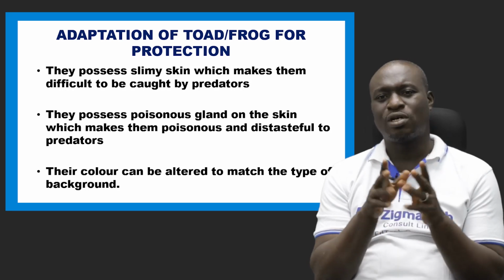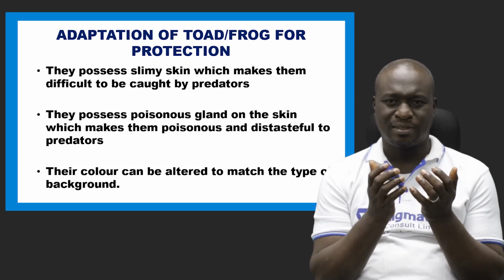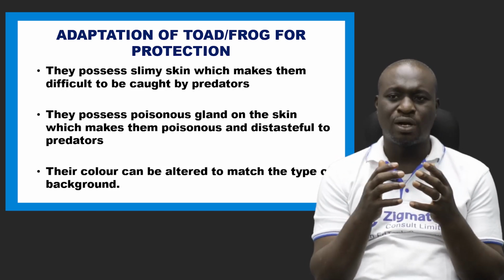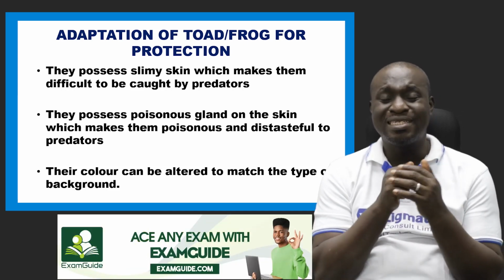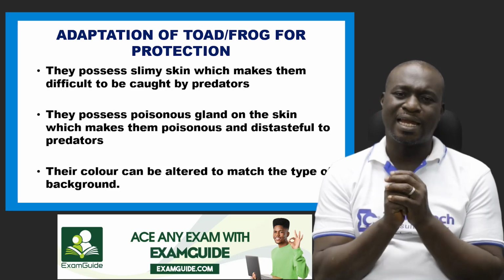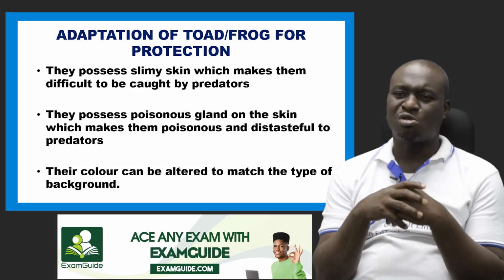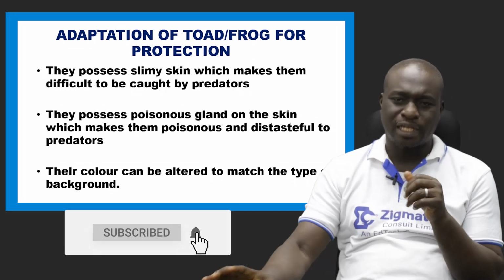And also the last one is that their color can be altered, just like that of the chameleon, to match with their background. Also, it is for protection so that they cannot be easily spotted, detected, or seen by their enemies or predators. So these are some of the adaptive features of the toad for protection.